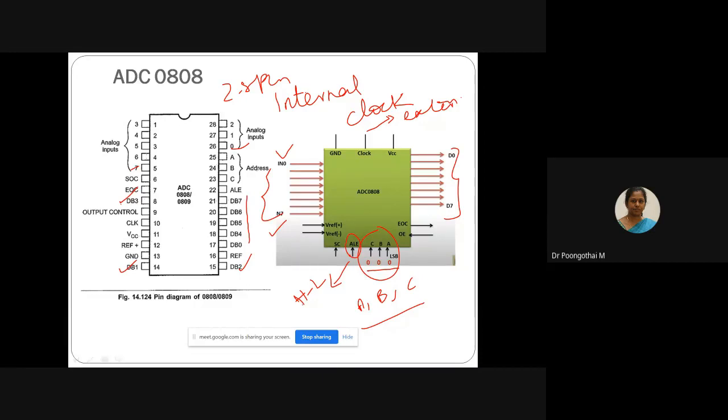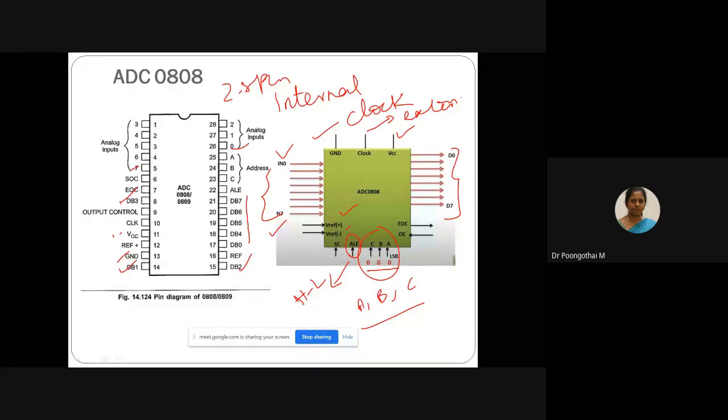And next, VCC and ground. Then the clock: as mentioned earlier, it does not have an internal clock and needs an external clock signal to operate. And V reference positive and V reference negative. These two pins provide the upper and lower limits of the voltage, which determine the step size for the conversion.